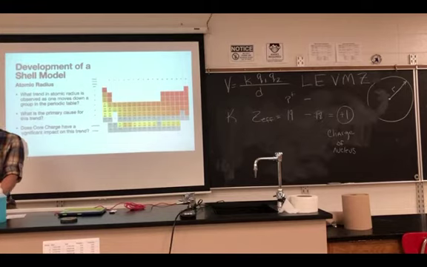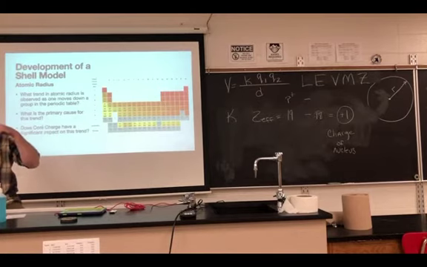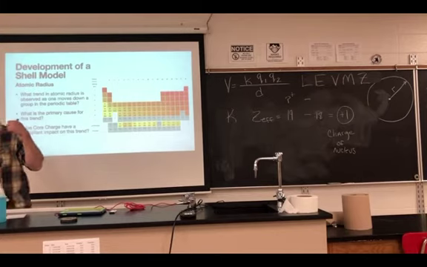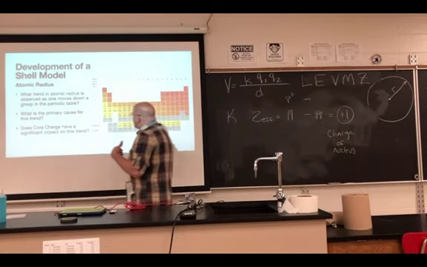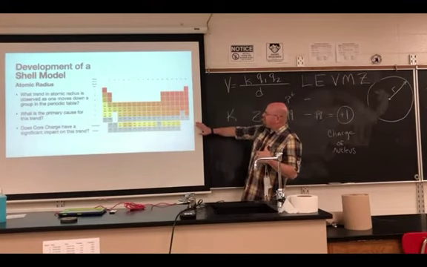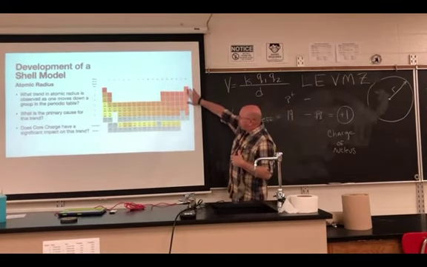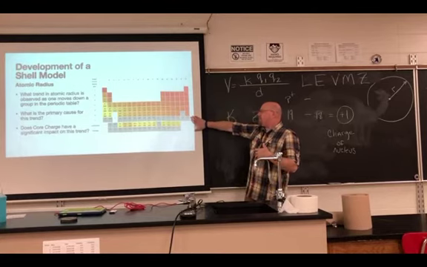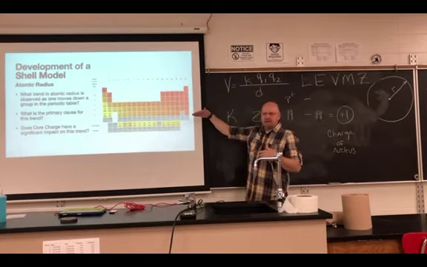That's it. So when we talk about stability, we're going to be talking about the attractions and repulsions. If you look at the periodic table here, we see that these noble gases are the smallest within a period, and there's a reason for that.